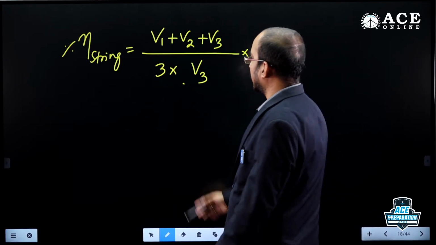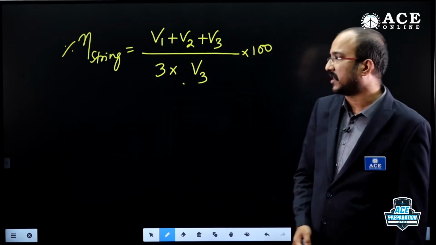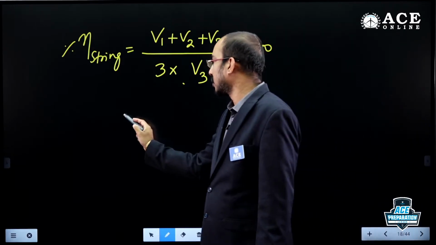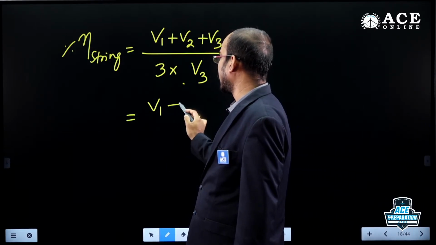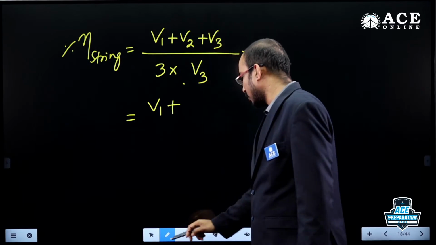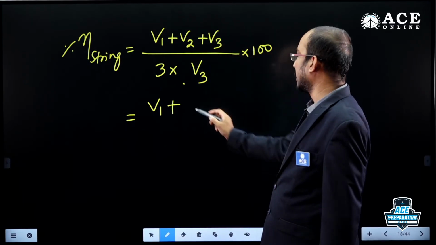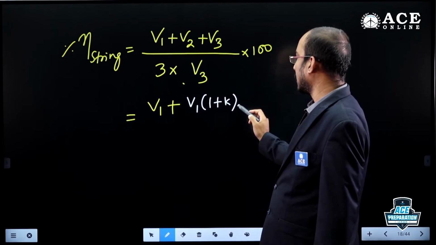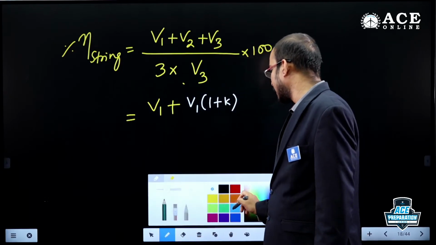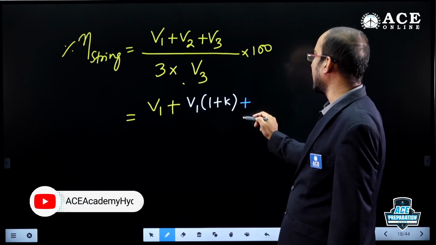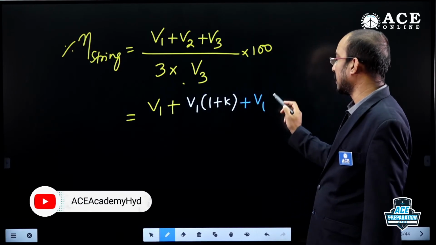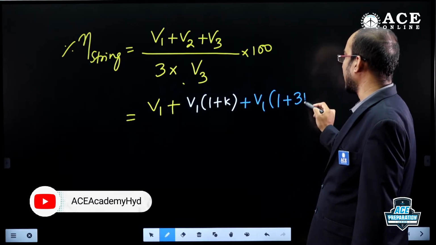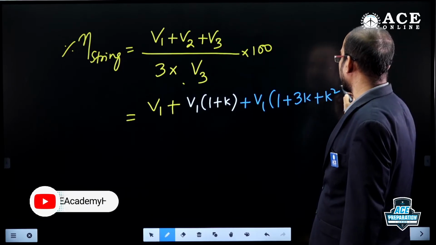So try to express V2 and V3 in terms of V1. How do you write it? V2 can be written as V1 into 1 plus K, and V3 can be expressed as V1 into 1 plus 3K plus K square.